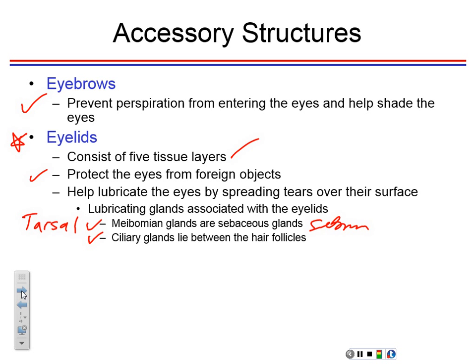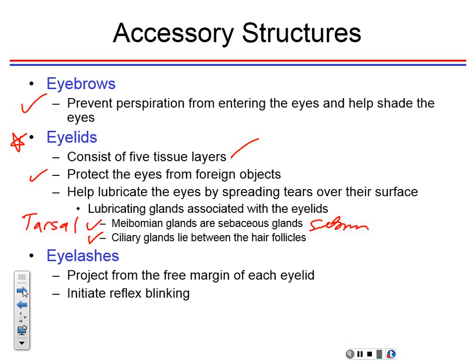All right, and the ciliary glands are between the lashes strategically, so that they can make them nice and soft. It's just like when you put oil on your hair. Otherwise, they will be so dry. So it's the oil that will go onto the eyelashes to keep them nice and soft, so they can keep particulate matter from entering your eye.